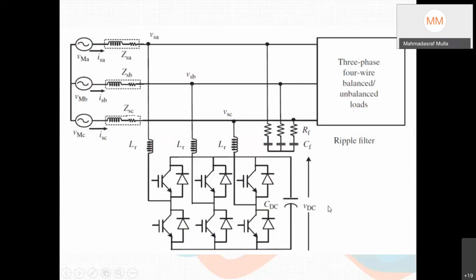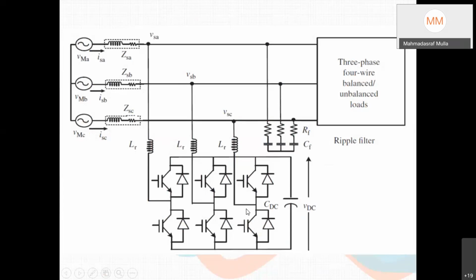So the DC link voltage VDC will always be constant. Whatever this V2 voltage, the PCC voltage, is, we will be generating quadrature current here. So the current through this inductor will be lagging or leading as compared to the supply voltage. That circuit can work without a supply. We don't have any supply here.